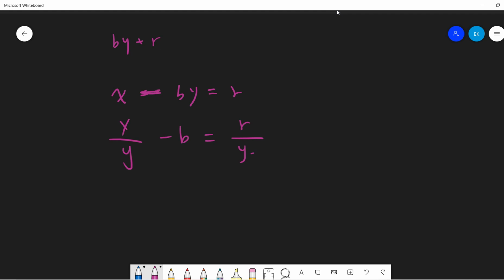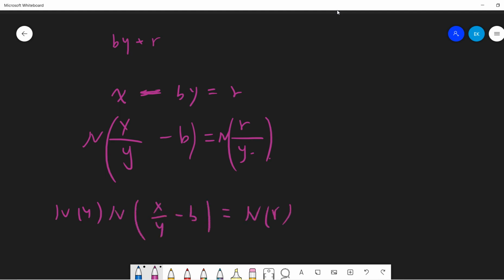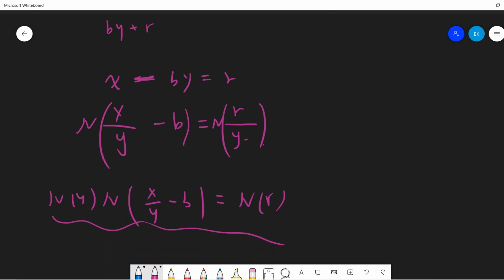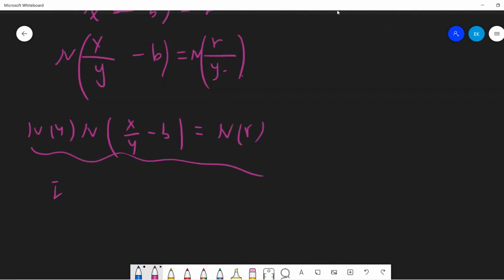Okay, and if I take the norm, I have this, and I can take y. So this is n of r, and from this I can choose b.